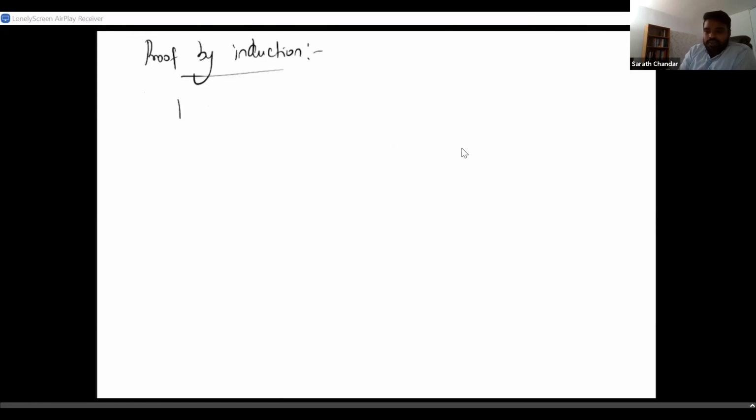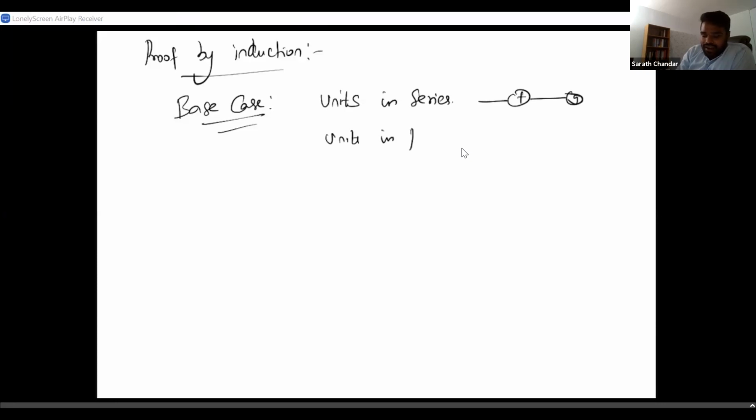For people who already know how to do proof by induction, we need a base case, right? That's why we saw 3 base cases: units in series, something like this, FG. Then we need units in parallel, which is what the FG function was.